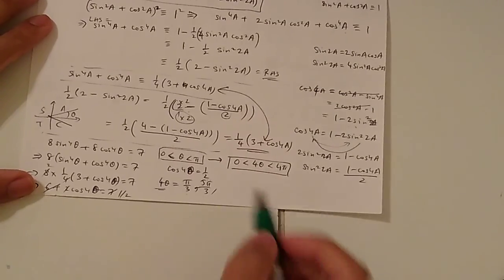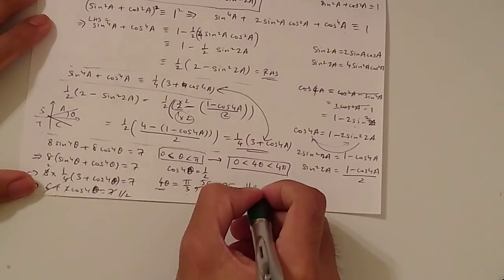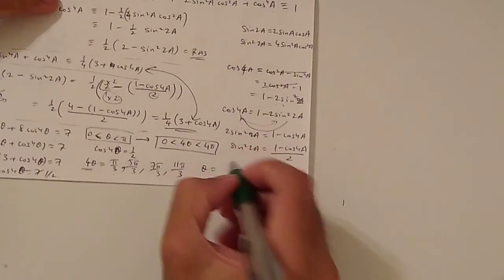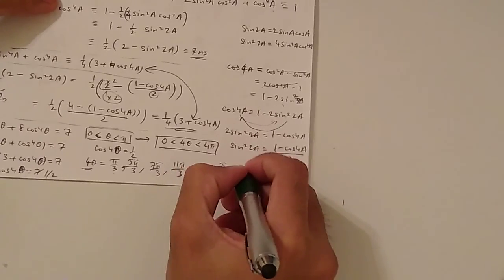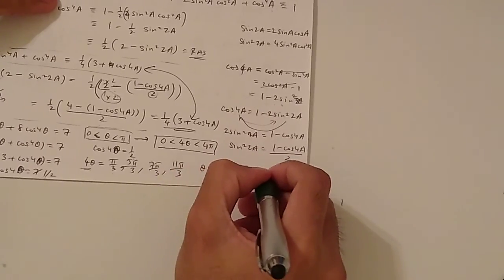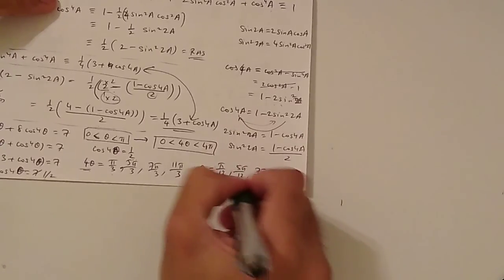So 2 pi to the first answer, you get 7 pi by 3. And 2 pi to the second answer, you get 11 pi by 3. So that's for 4 theta. Our final answer, theta, is therefore equal to, divide all the answers by 4, we get pi by 12, 5 pi by 12, 7 pi by 12, 11 pi by 12.